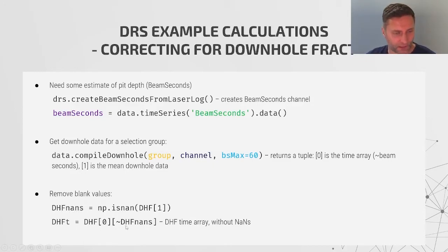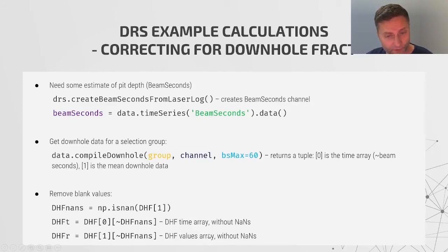expression here to exclude any values in the time array, which is position 0, where there's a nan, by using this tilde DHF nans, and we can do the same thing for our downhole values as well.